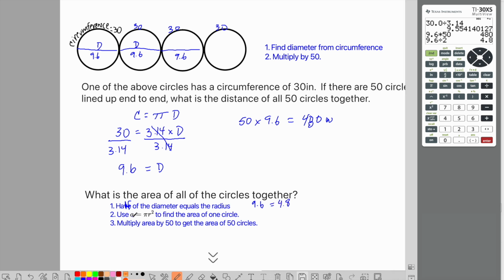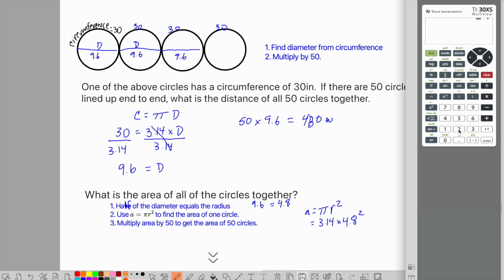Now we're going to use area equals pi times radius squared to find the area of one circle. Then we have to multiply that by 50 to get the area of all 50 circles. So step 2 here, area is equal to pi times radius squared. So that's 3.14 times 4.8 squared, and then times 50, but let's take it in two steps.